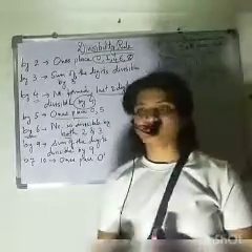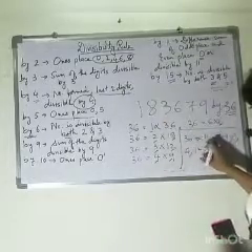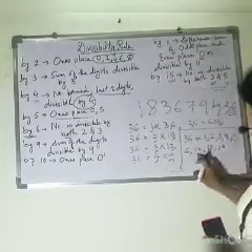These are the factors of 36: 1, 2, 3, 4, 6, 9, 12, 18, 36.